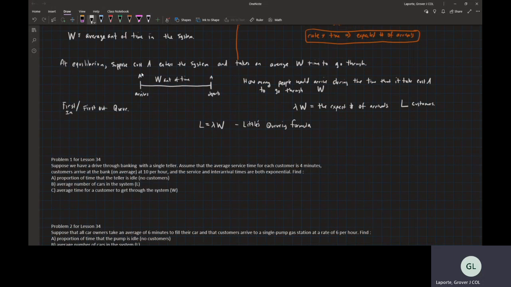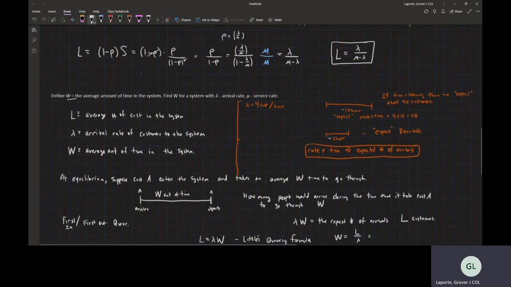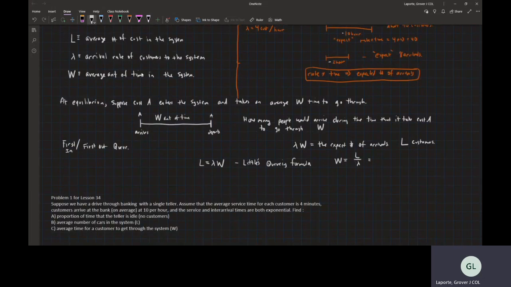Okay, so if that's the case, then we can very easily say that W is L divided by lambda, and we already know L, which is lambda over mu minus lambda.